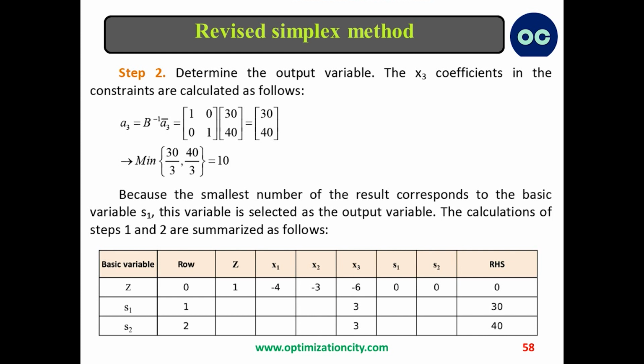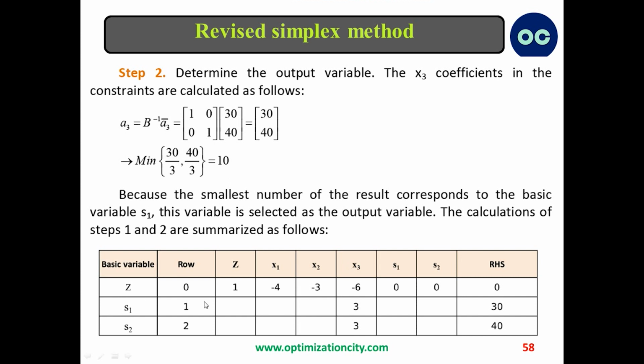In step 2, we determine the output variable. We calculate the coefficient of x3 in the constraints as follows. Because the smallest value corresponds to the basic variable S1, we select S1 as the output variable. So we do the ratio test, and we find that S1 is the output variable.